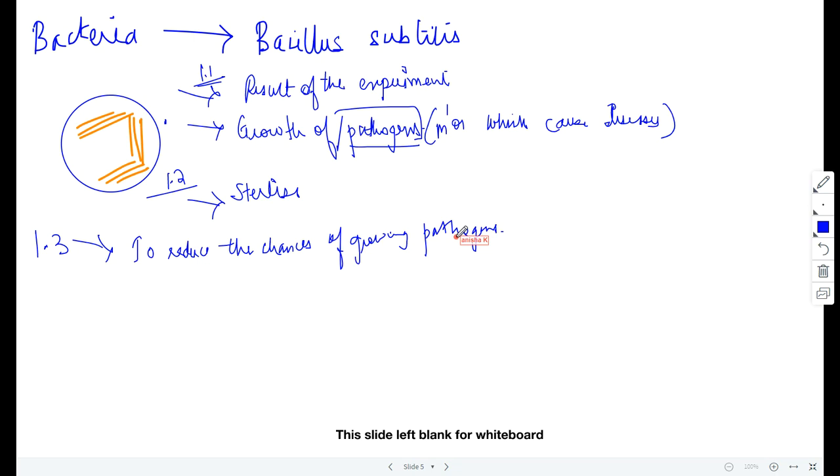For 1.4, yes, 1.4. The results are summarized in table 3. Calculate the value of y to complete table 3. 1.5. So I can take it in my calculator. Yes, you can do it on your calculator.